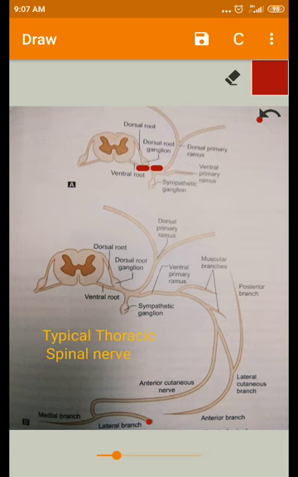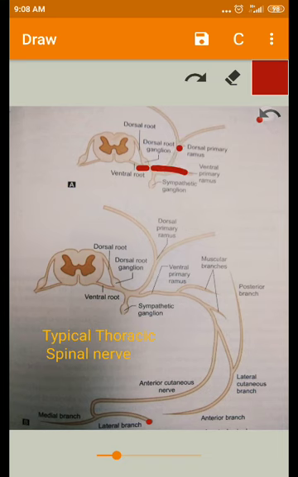After that, it is divided into dorsal rami and ventral rami. The dorsal rami is also called posterior primary rami, and the ventral rami is also called anterior primary rami. Up to this, every spinal nerve exhibits the same thing.